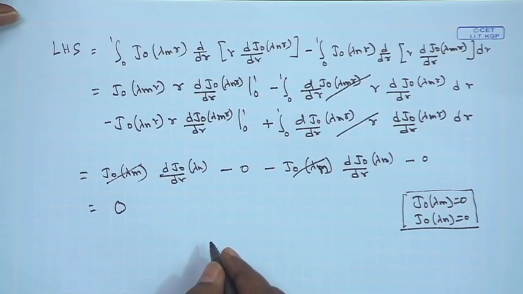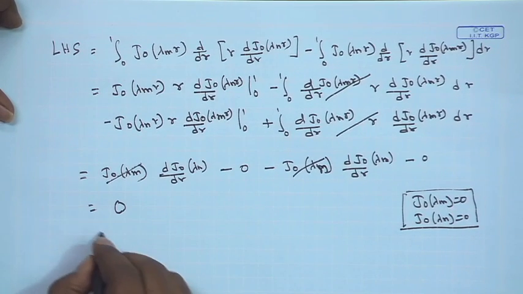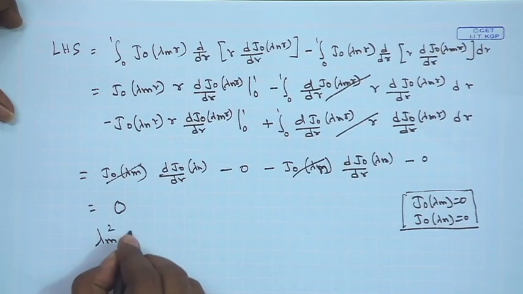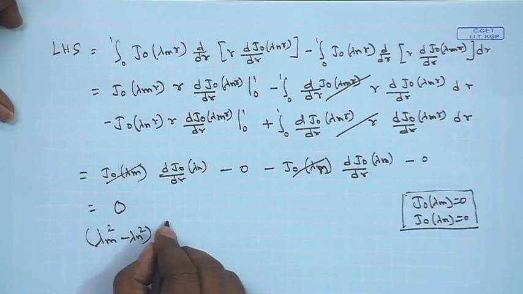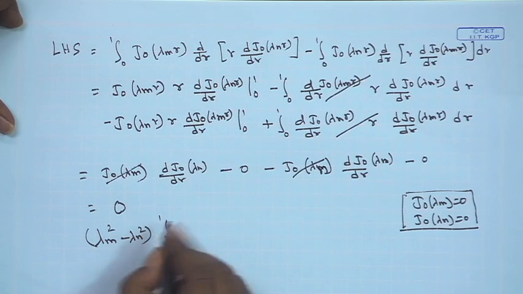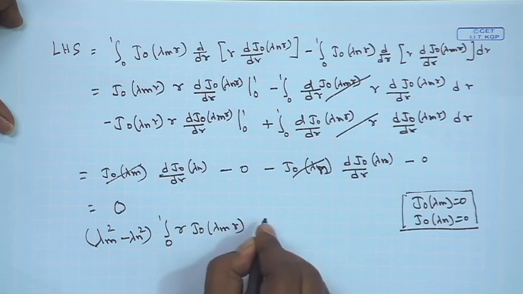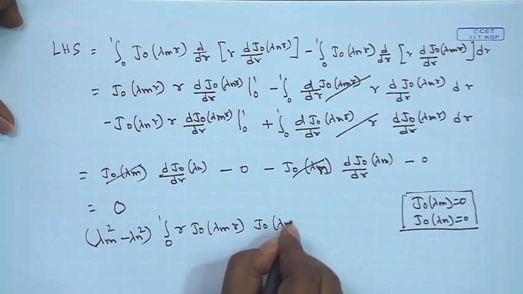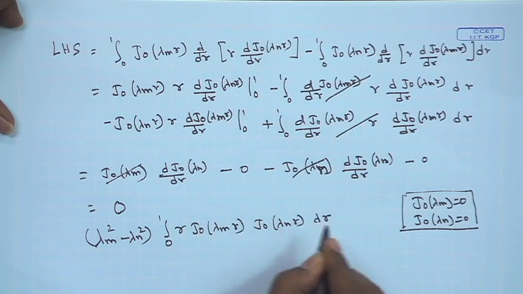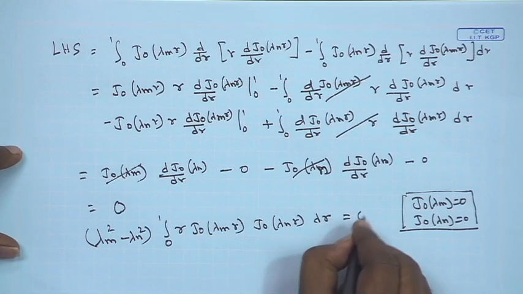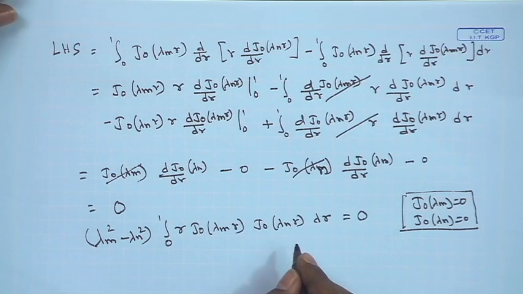If we now write down the right-hand side, it becomes (λₘ² − λₙ²) ∫₀¹ r J₀(λₘr) J₀(λₙr) dr equal to 0. Now, λₘ and λₙ are two distinct eigenvalues, therefore λₘ is not equal to λₙ, so λₘ² − λₙ² cannot be equal to 0.